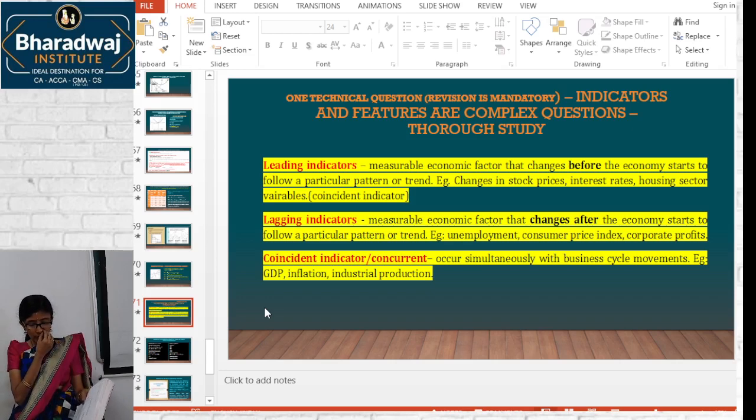Third question. Dash refers to the highest point of the business cycle.